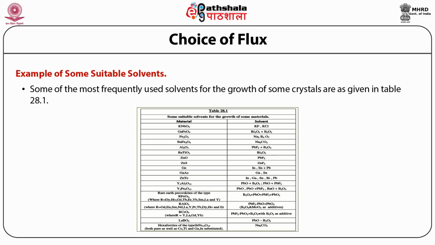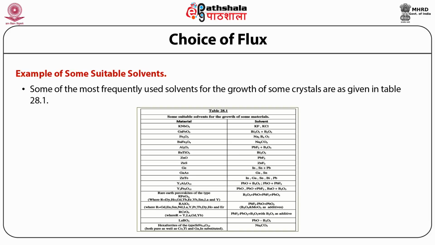For the growth of RAlO3 crystals, where R represents Gd, Eu, Sm, Nd, La, Y, Pr, Tb, Dy, Ho, and Er, the solvent used is PbF2, PbO plus PbO2 with B2O3 and MoO3 as additives.